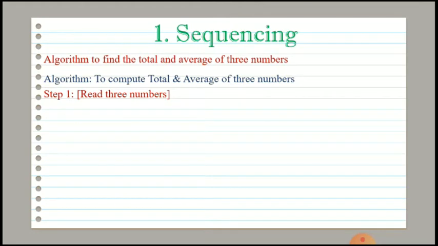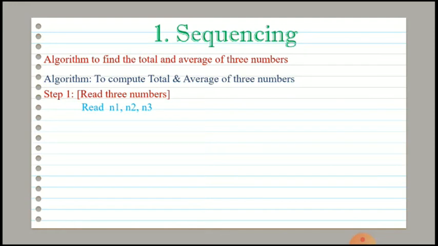So in the first step the statement will be read n1, n2, n3. Instead of n1, n2 and n3, you can take anything like first number, second number and third number, or num1, num2, num3, etc.